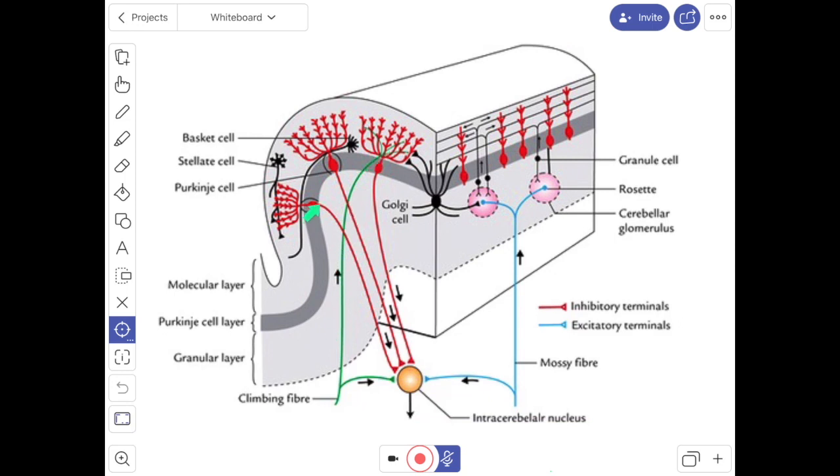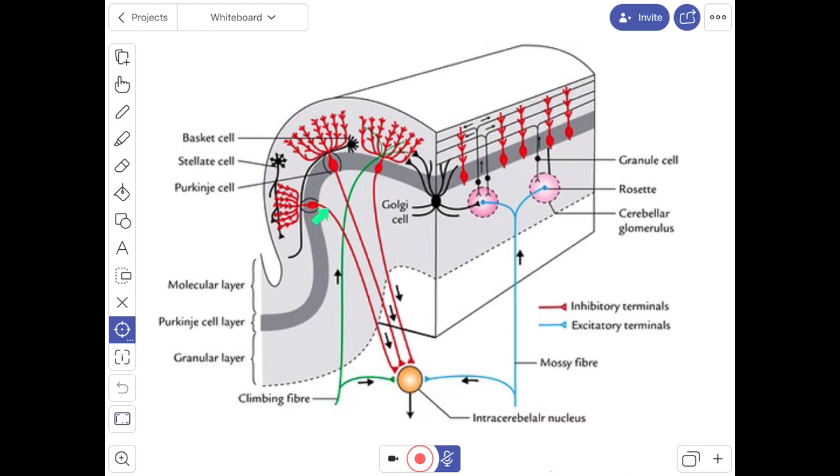The axons of the Purkinje cell arise from the deeper pole and pass through the granular layer and then into the white matter, where they relay with the intracerebellar nuclei, except those from the flocculonodular lobe, which pass directly to the vestibular nuclei.